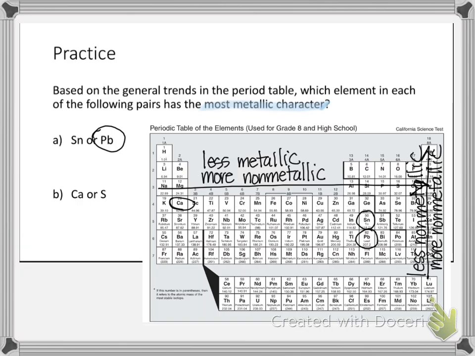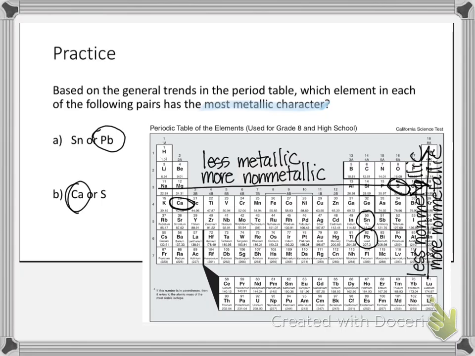Now calcium and sulfur up here. Okay, so what we know is, and we want more metallic, as you go from left to right, you become less metallic. And as you go up, you become less metallic. So between calcium and sulfur, calcium would be the more metallic and sulfur would be the less metallic.